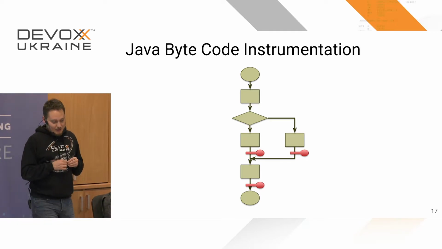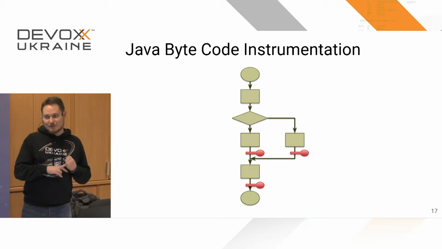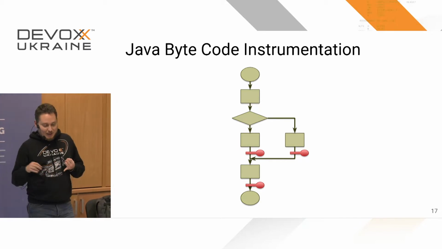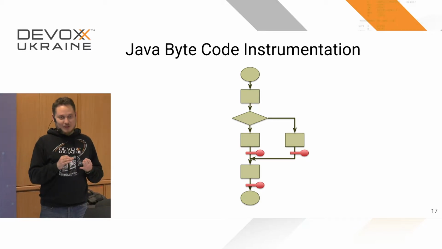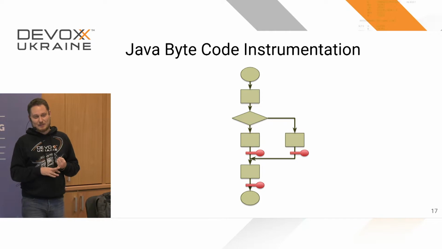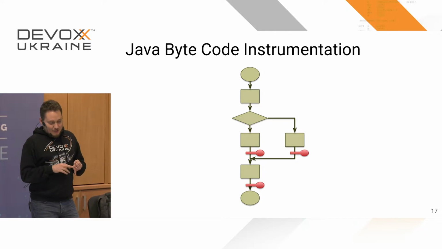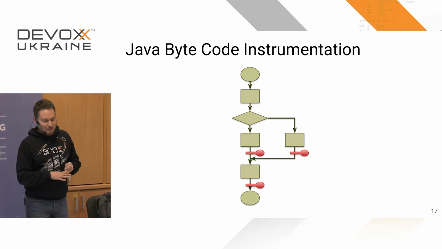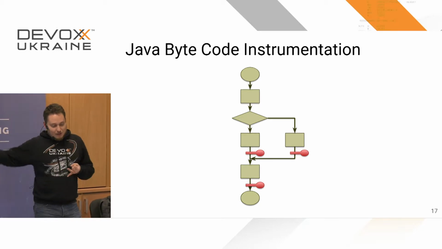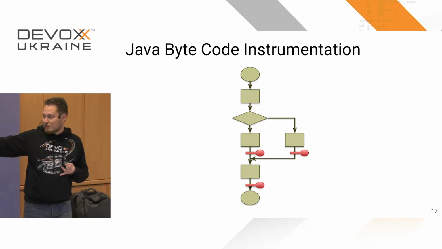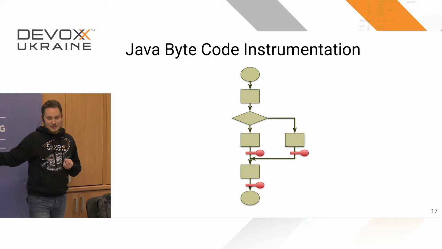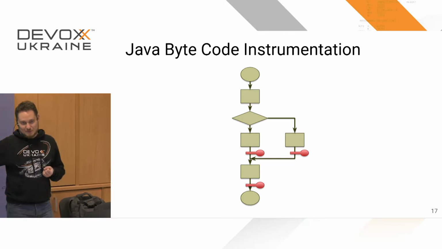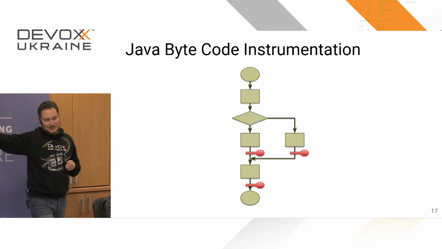This is quite important. First of all, this is a way to minimize the observer effect. We try to add as little code as possible in order to not slow down your application. The second interesting thing, which is usually a user-facing problem, is that if one of those instructions on the way to some of the probes throws an exception, we cannot determine where we stopped. We can only say that we didn't reach the probe.